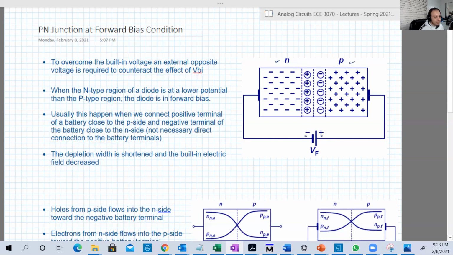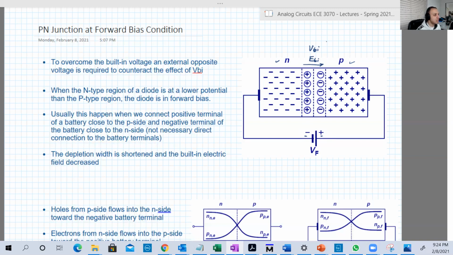Under equilibrium, we said there will be positive ions on one side and negative ions on the other in the depletion region, and we will have a built-in potential or a built-in electric field that will ban or prevent the motion of the holes from P to N and the motion of electrons from N to P.